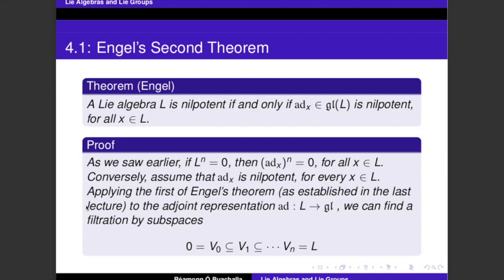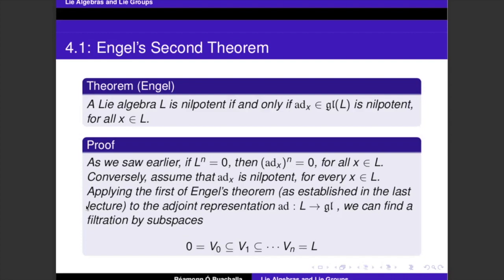If we assume that ad(x) is nilpotent for every x in L, then we can apply Engel's first theorem, as established in the last lecture, to the adjoint representation. Because the adjoint representation is a representation, we can apply Engel's first theorem, which was a more general theorem about any representation, but in particular applies to the adjoint. Then we'll find a filtration by subspaces.